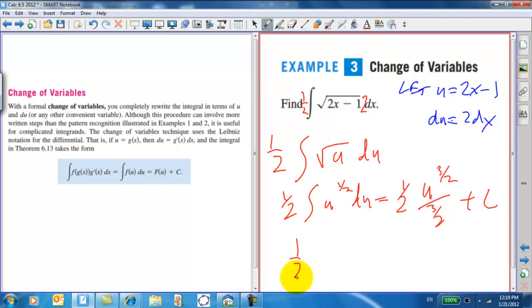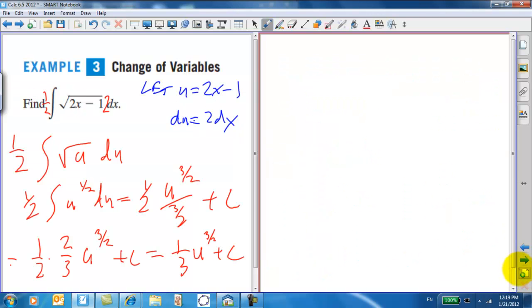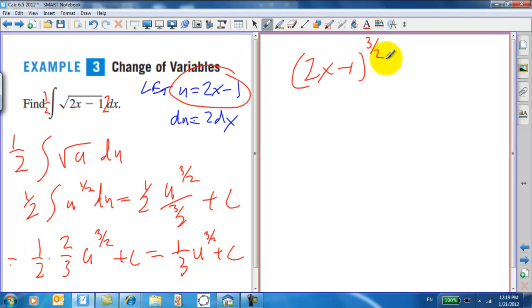Now that's going to be 1/2 times 2/3 times u to the 3/2 plus c, or 1/3 u to the 3/2 plus c. Still not done though, because we have to replace the u with 2x minus 1. So it's 2x minus 1 to the 3/2 over 3 plus c.